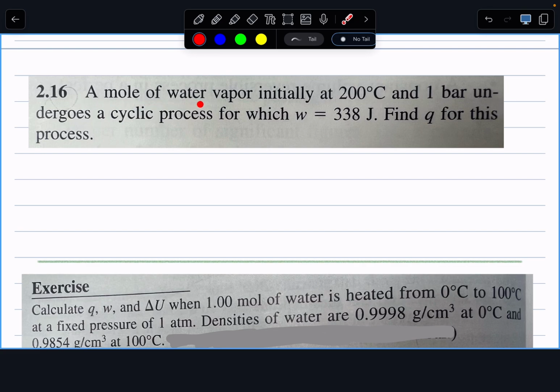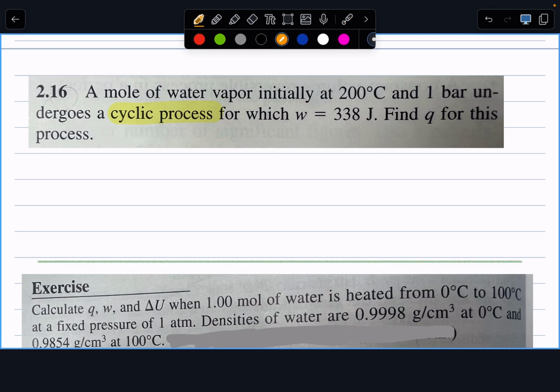We have a mole of water vapor initially at 200 degrees and 1 bar that undergoes a cyclic process for which work equals 338 joules. It doesn't tell us how exactly the work is done, but it tells us the work done in the process is 338 joules.